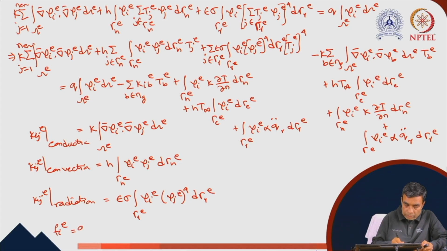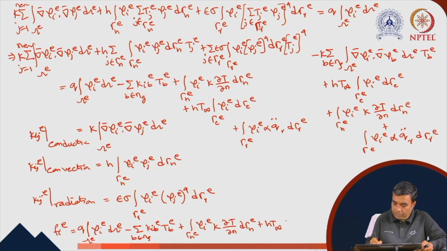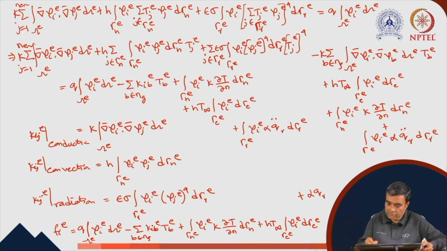F_i^e equals q into integration of ψ_i^e dΩ^e over Ω^e, minus summation over K_ib T_b, b belongs to η_g, plus integration over Γ_h^e ψ_i^e k ∂T/∂n dΓ_h^e plus h T∞ integration over Γ_c^e ψ_i^e dΓ_c^e plus α q_r double dot integration over Γ radiation e, ψ_i^e dΓ_r^e.